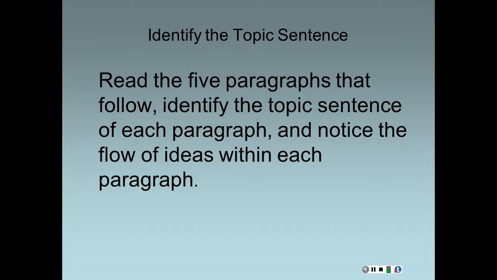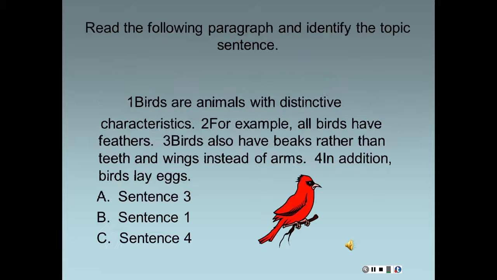You will now practice locating and identifying the topic sentence. Read the 5 paragraphs that follow. Identify the topic sentence and notice the flow of ideas within the paragraph. Read paragraph 1.